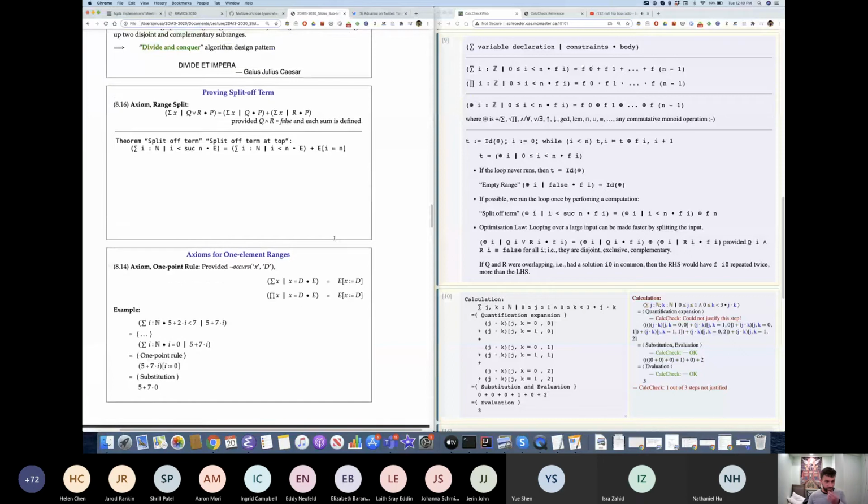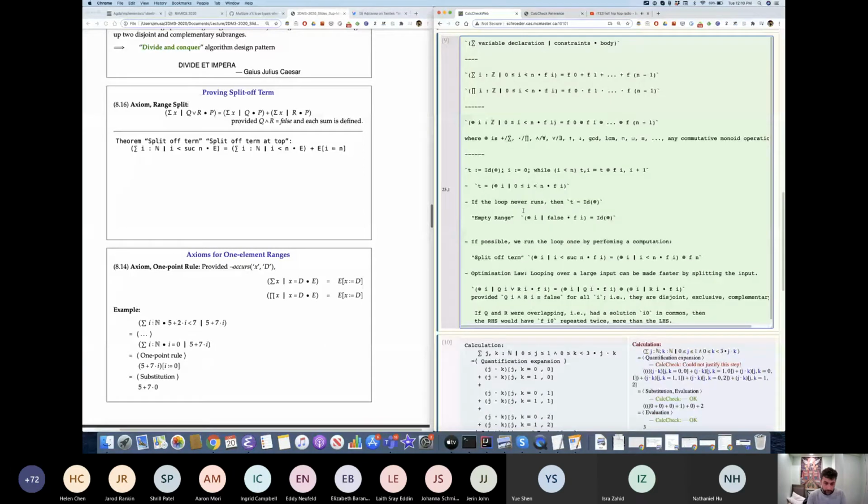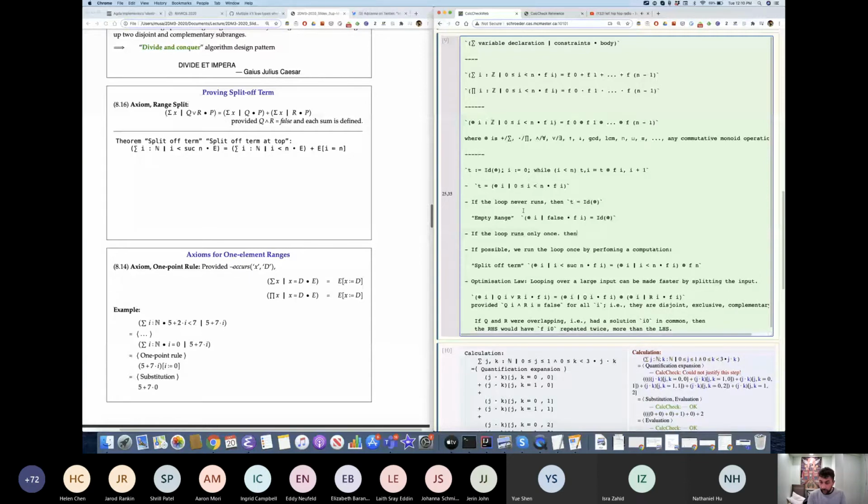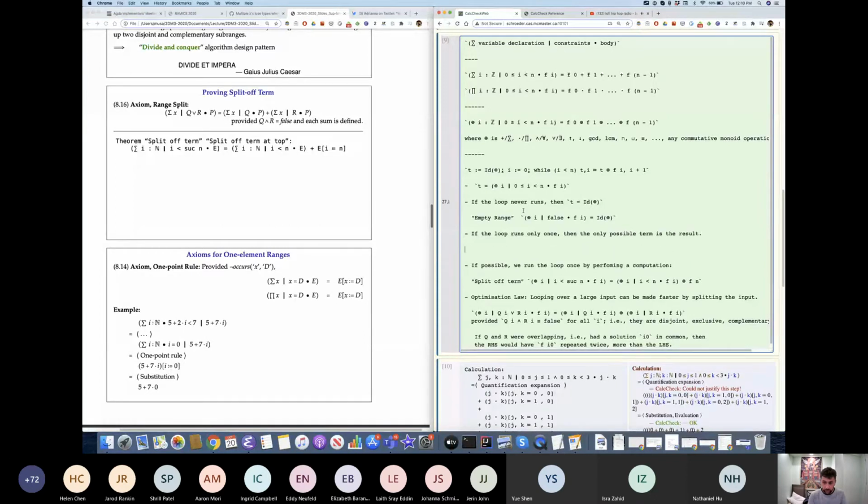So here's a really cool one. And again, this is another form of the loops, right? If the loop never runs, this is what it is. But if the loop runs only once, then the only possible term is the result. Okay, so this is called the 1 point rule.